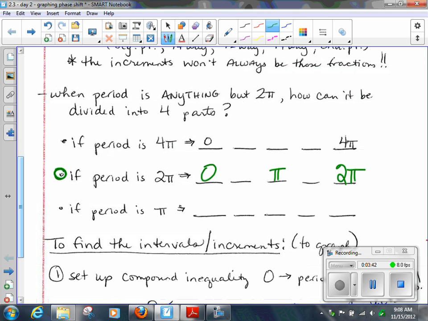What is that? Come on, y'all. Pi over 2, right? Which is half of pi. So we've got 0, 1 half, 2 halves. What goes in my next blank? 3 halves, or 3 pi over 2. And then 4 halves gives us 2 pi. We've done that already.